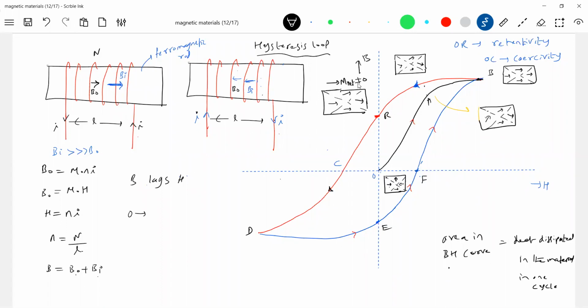Fine. Here the net dipole moment at O will be zero. Able to get this? So when it comes here, again you check it. Finally at C, what is the state at C? It should be the same thing.